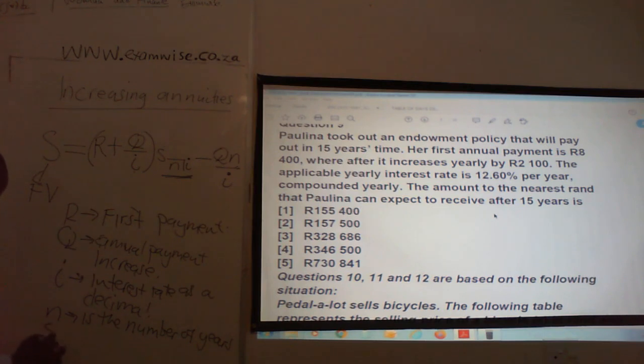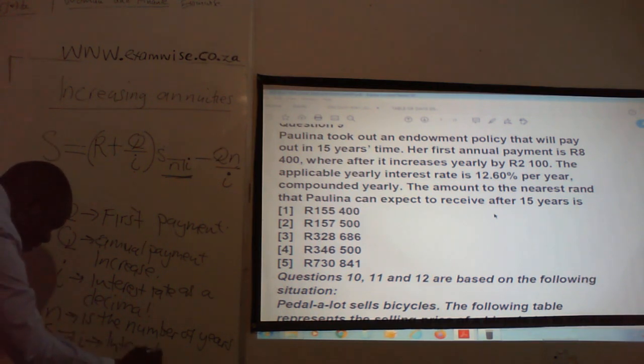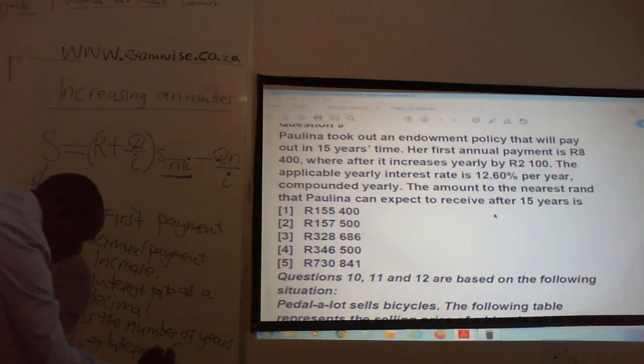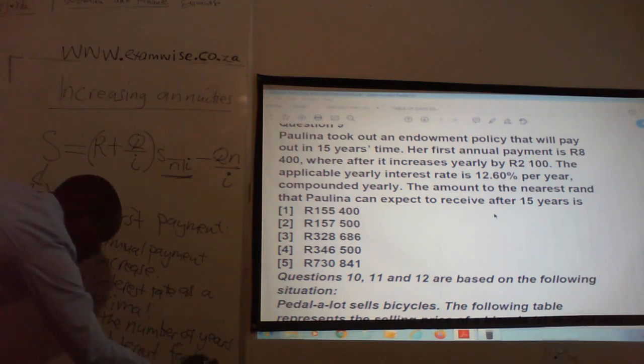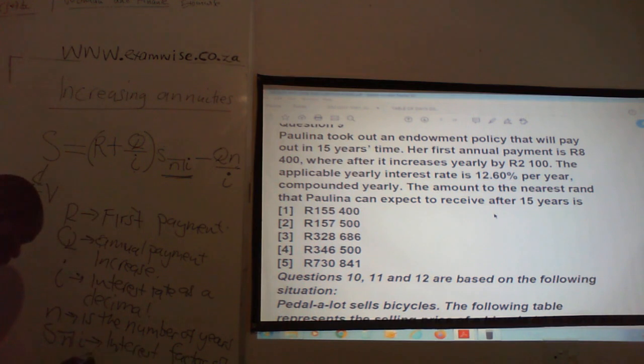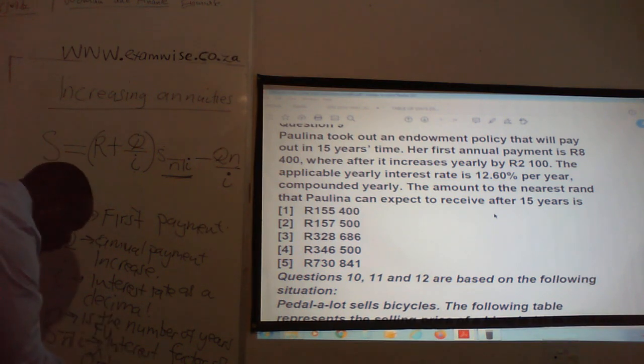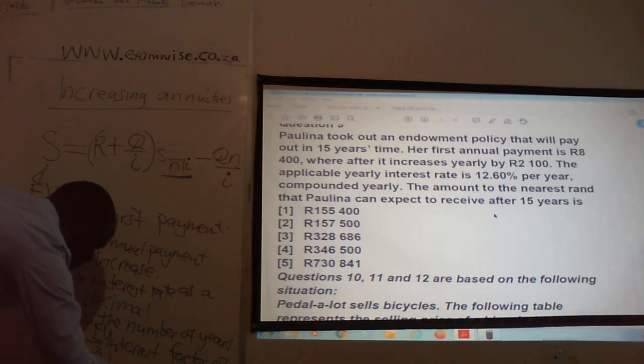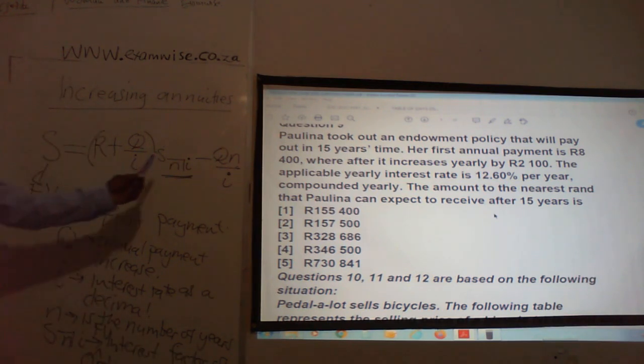If we are saying S and then angle N at I, this one is the interest factor, the future value interest factor of an ordinary annuity. That is how we interpret it. How do we read this one?